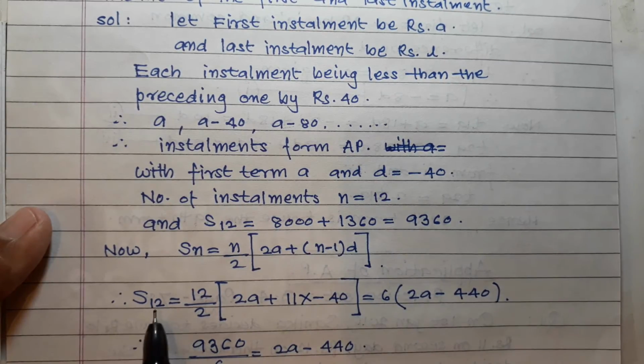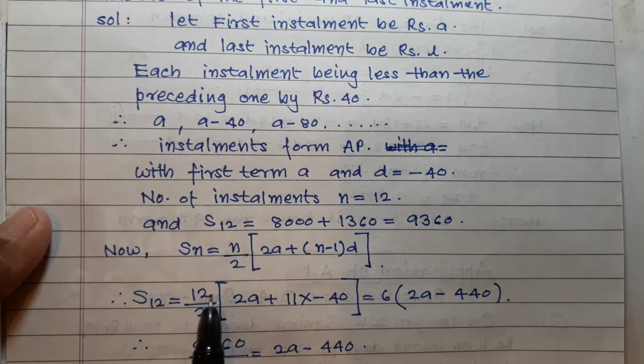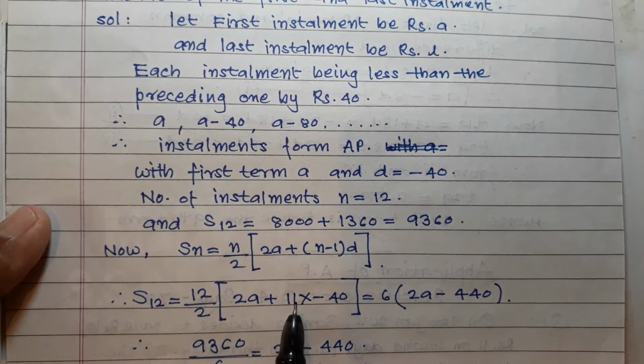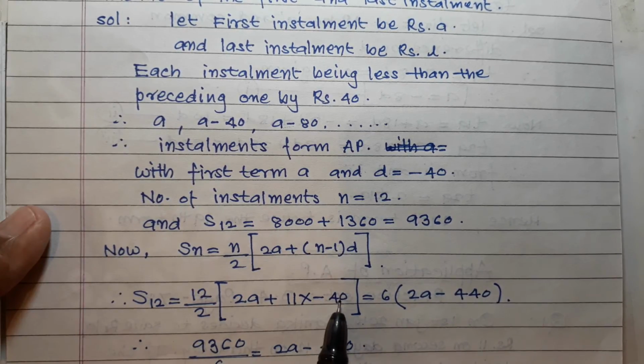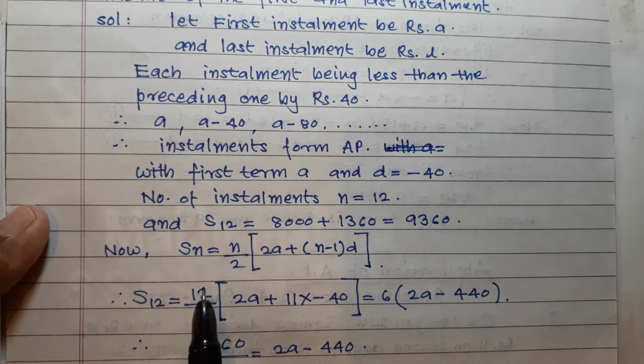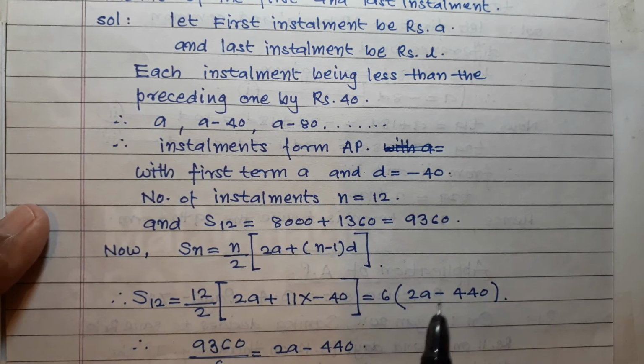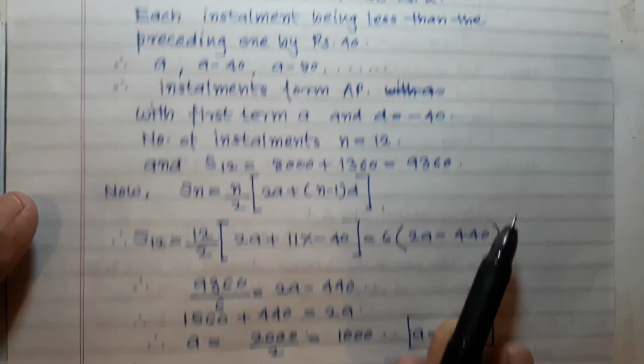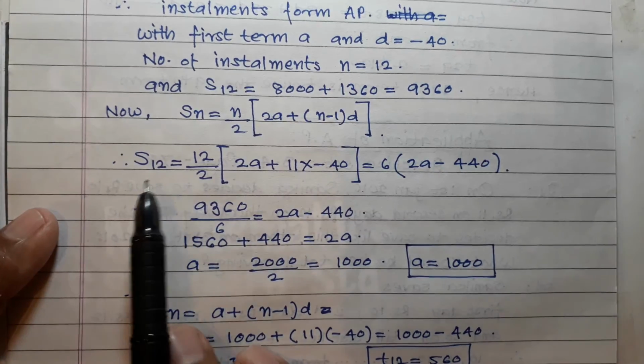So therefore S12 is equal to 12 upon 2 into bracket 2a plus 11, n minus 1 means 12 minus 1, 11 into minus 40. Simplify: 6 into bracket 2a minus 440.